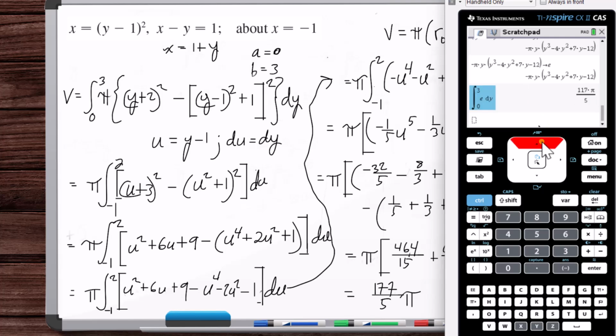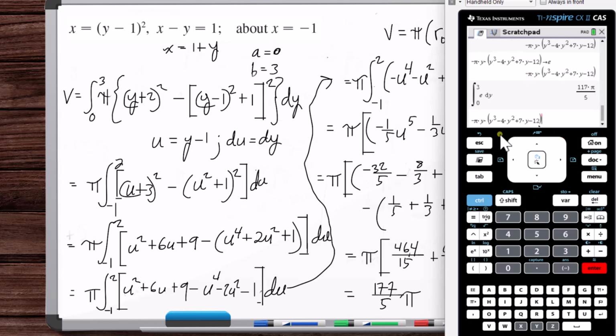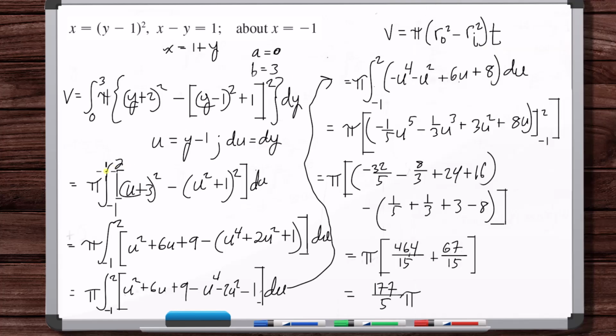And so, you know, we could just integrate this. Where did I mess up here? So it's something to do with this technique. So u is equal to y minus 1. You take the derivative, there's no negative or anything, so du is equal to dy. You update the limits. When y is equal to 0, u is equal to minus 1.